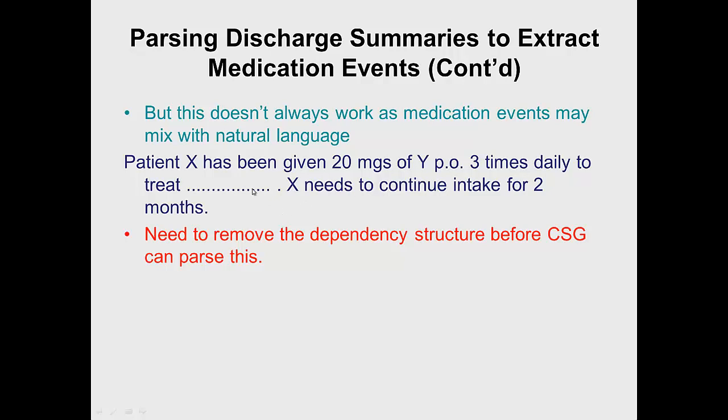Here we have 20 milligrams of Y, PO 3 times daily for 2 months, mixed in with the dependency structure, has been given and needs to continue intake. So there is a need to remove that dependency structure before using the CFG parser.